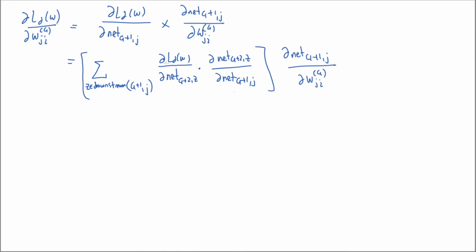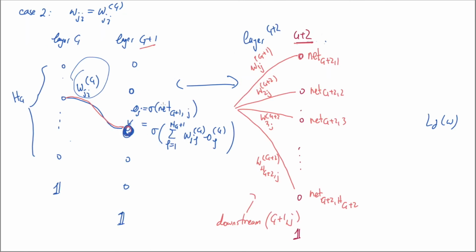Okay, so let me just explain what's going on in the brackets. The brackets is the expansion of this first derivative. The first derivative is saying what is the sensitivity of the loss to this net g plus 1j value? Well, this net g plus 1j value, what do we do to it?